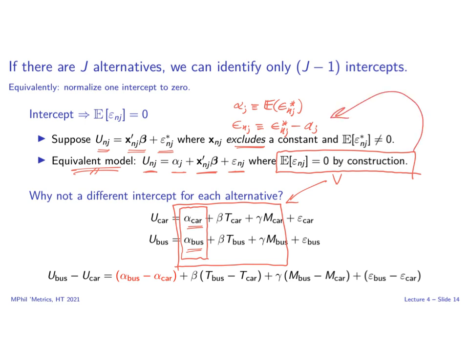So compared to our original car versus bus example from before, this new version has the mean of the error for car and for bus both equal to 0.